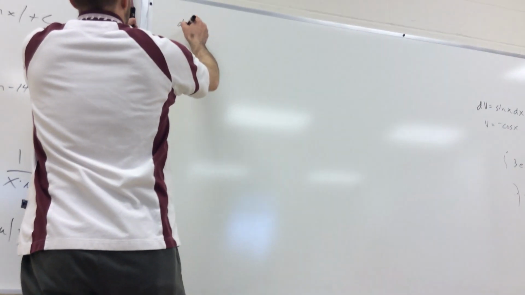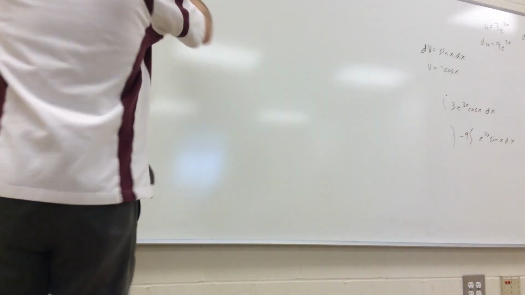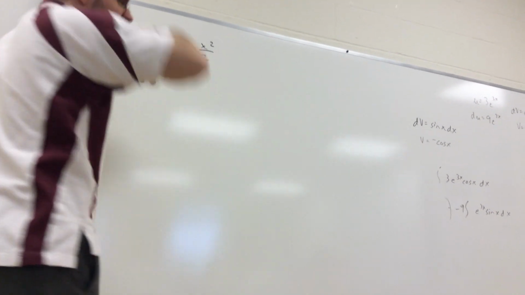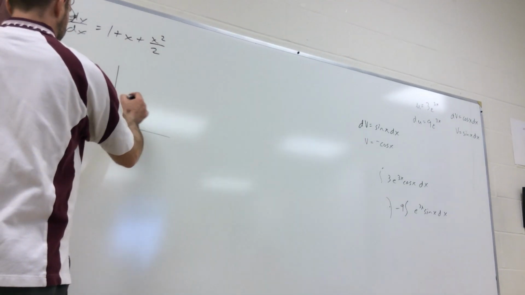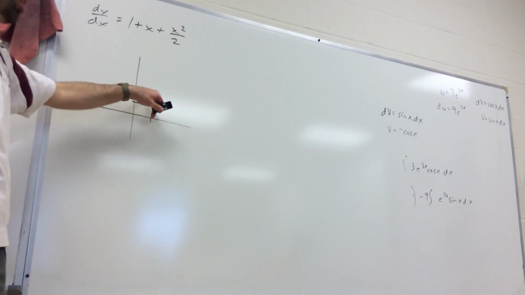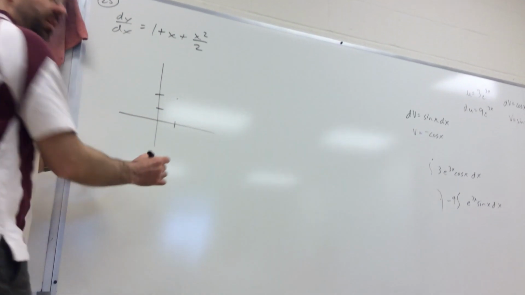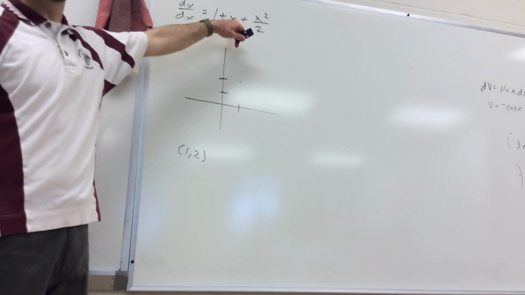They give us dy/dx. Corey, I'll just answer this for you. So for example, at the point (1, 2), if I want to know the slope there, I just have to put a 1 in here.